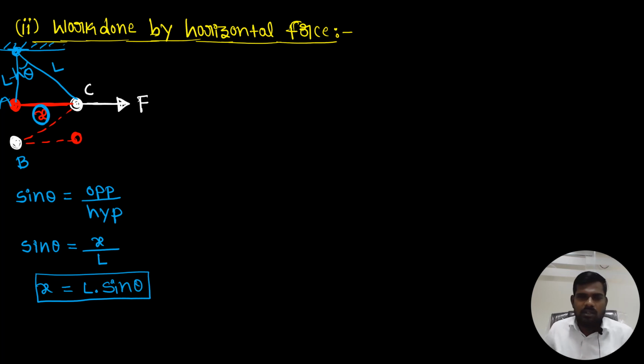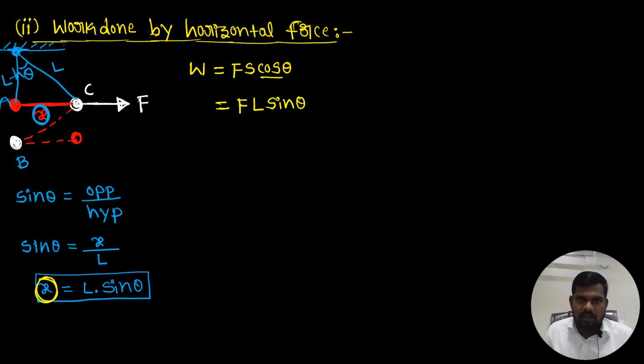Okay, right. So what is the formula for this one? Again, work done is equal to the same formula, force into displacement into cos theta. Force is the horizontal force, F. Displacement is x. How much displacement is traveled in this case? X distance is traveled, which is L sine theta.